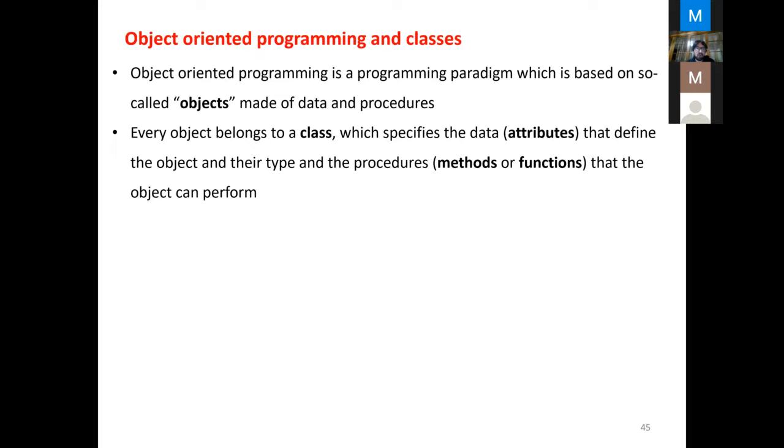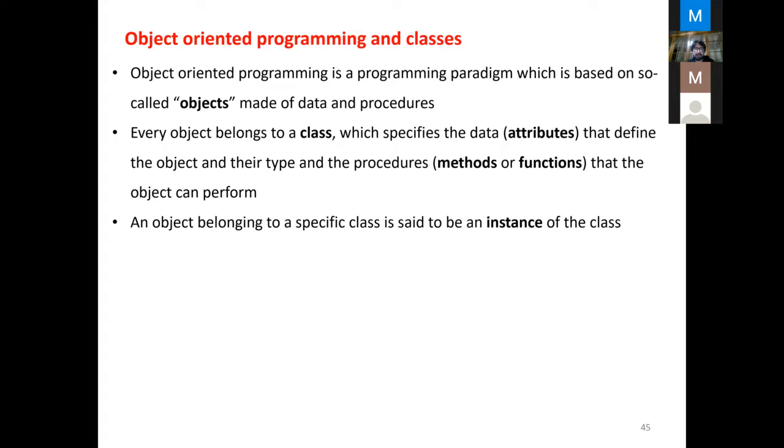Every object belongs to a class, and each class has specific data, which is called attributes. This defines the object, and each object has procedures that are methods or functions. These are operations that the object can perform. An object belonging to a specific class is called an instance of a class.